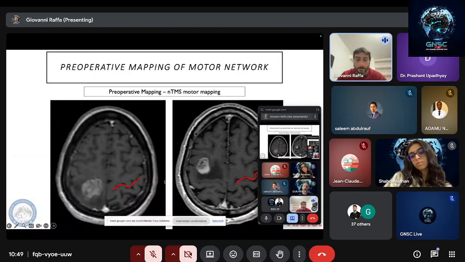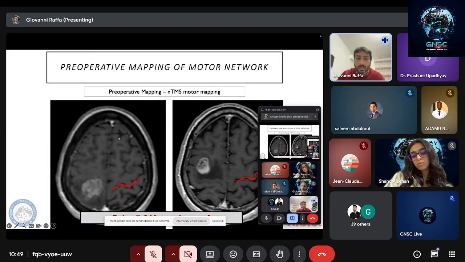So in front we have the motor cortex. If we look at the affected side, probably both lesions are located close to the motor cortex. Probably the one on the right is a little bit more anterior, the other one is a little bit more posterior.